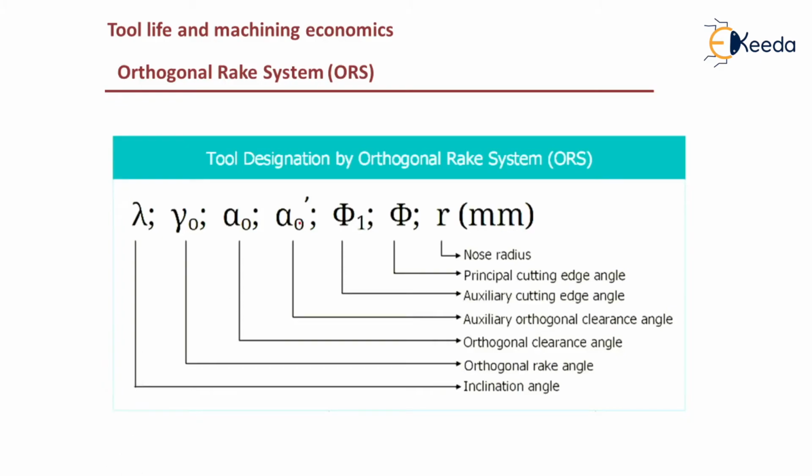The tool designation is as shown here. The first number indicates lambda, the inclination angle, and then the orthogonal rake angle, the orthogonal clearance angle, the auxiliary orthogonal clearance angle, and then the auxiliary cutting edge angle, the principal cutting edge angle, and the nose radius.